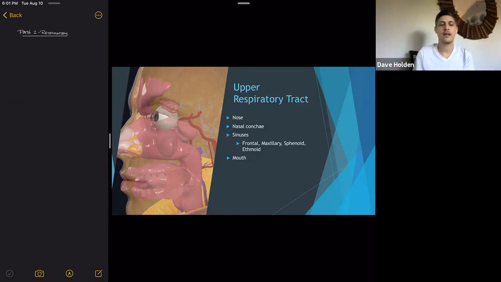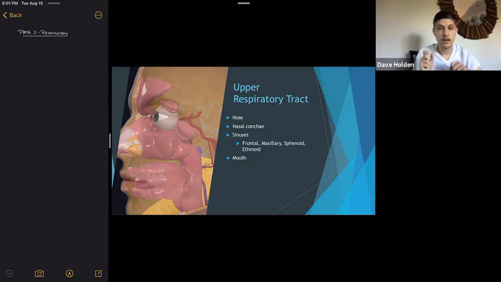And the idea is, as you breathe in air, because the walls of the chamber become spiraled, then the air starts to circulate. The act of circulating the air throws dust particles off to the sides, and they get stuck on the mucous membranes. So it's a way of kind of cleaning and filtering the air, as well as kind of warming the air a little bit before it enters the lungs.